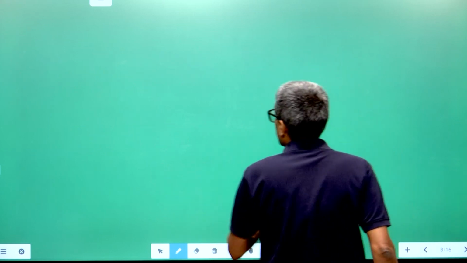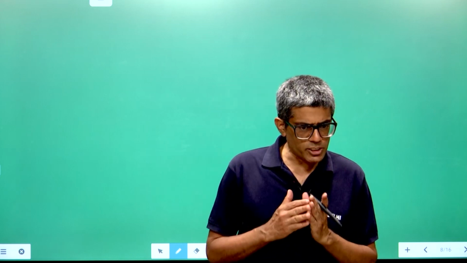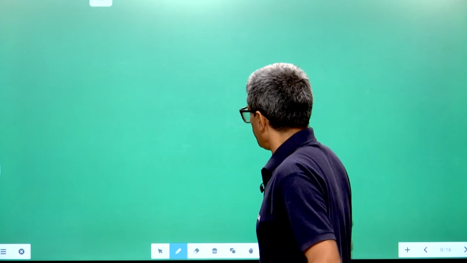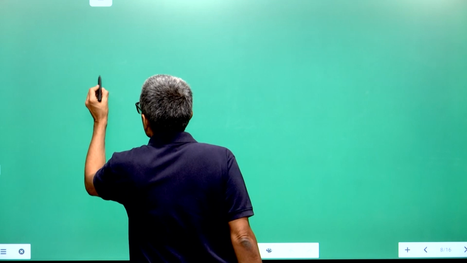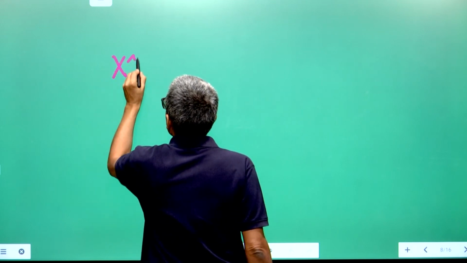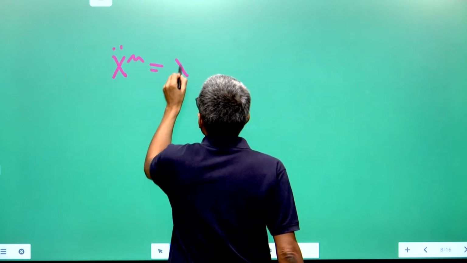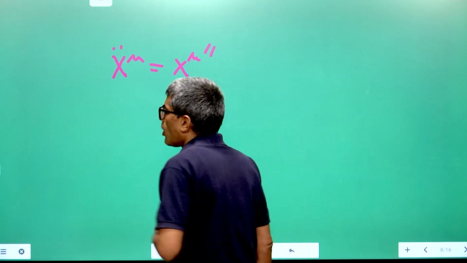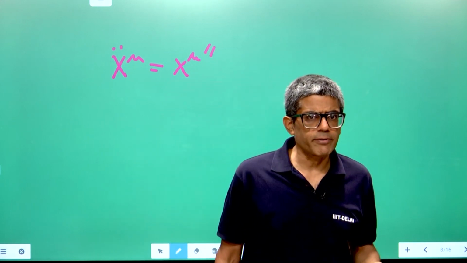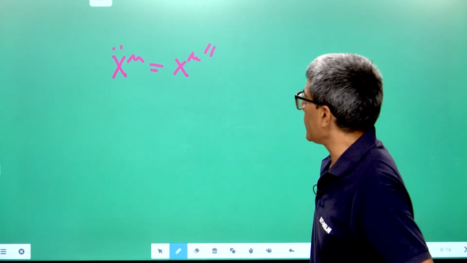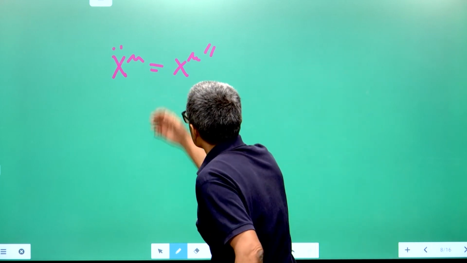You can solve this equation when the world sheet is flat. You can write this equation as x mu double dot is equal to x mu double dash, where a dot denotes the partial derivative with respect to the time variable and dash denotes the partial derivative with respect to the spatial variable.